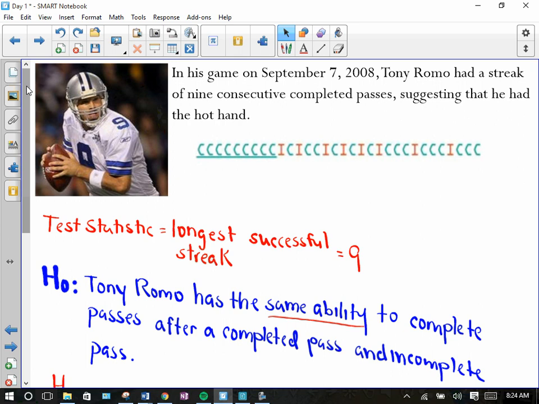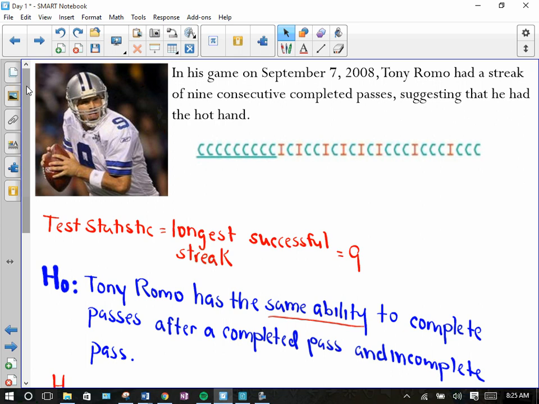Now, how do we usually talk about simulating this? Note cards, right? Typically we get some note cards, write something on them, do some stuff, and put them in two piles. First of all, how many note cards do we need?